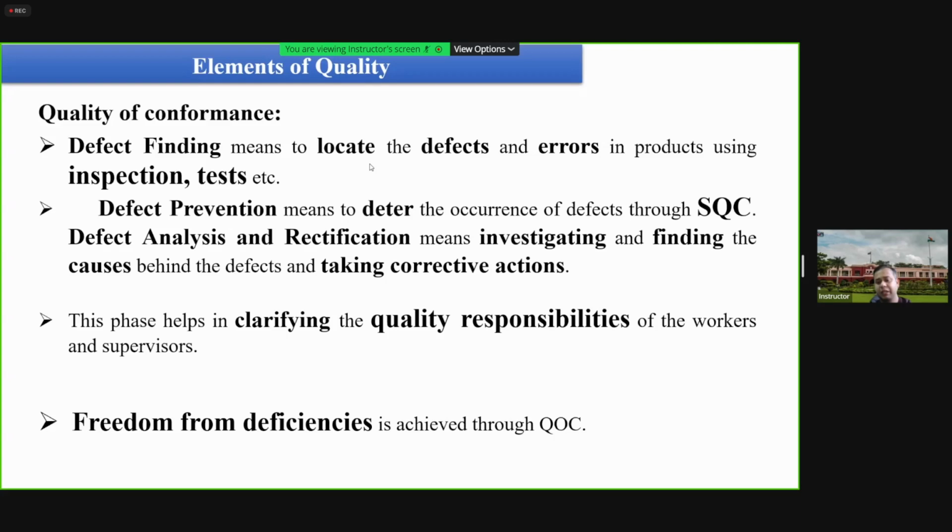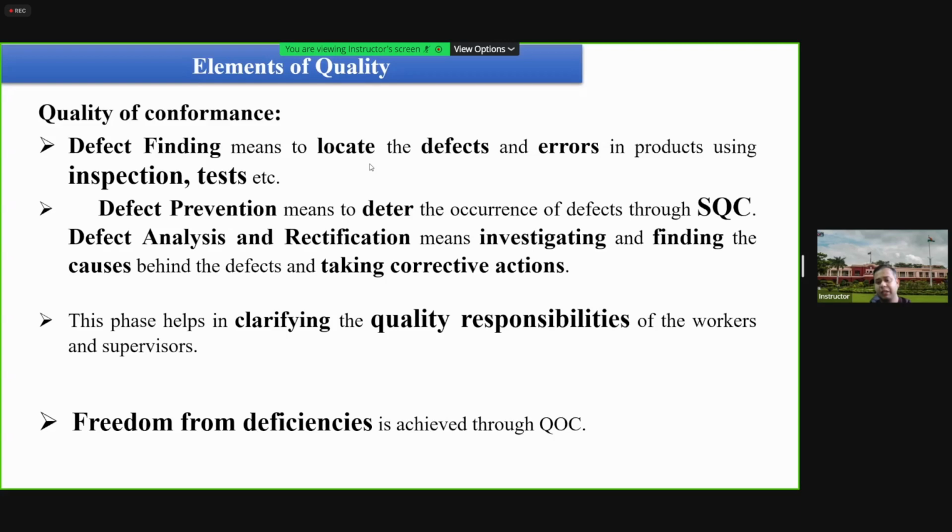The skill of the operator can be a problem. Maintenance related issues, inspection procedure, and capability of the equipment might all impact the quality of conformance. So when we are going for the quality of conformance phase, we need to ensure that all these factors that can impact it are handled and are all correct as per our requirements. This was the second phase, that is the quality of conformance phase.